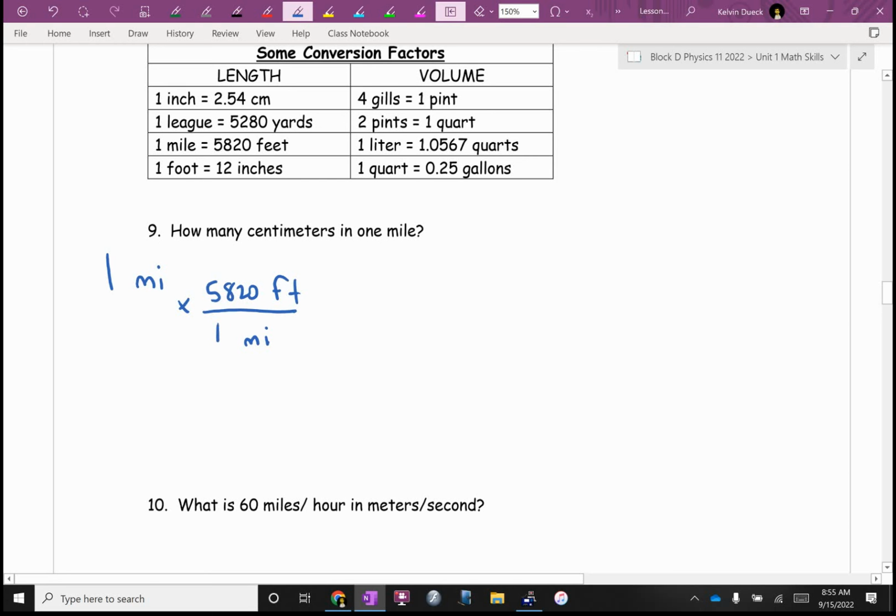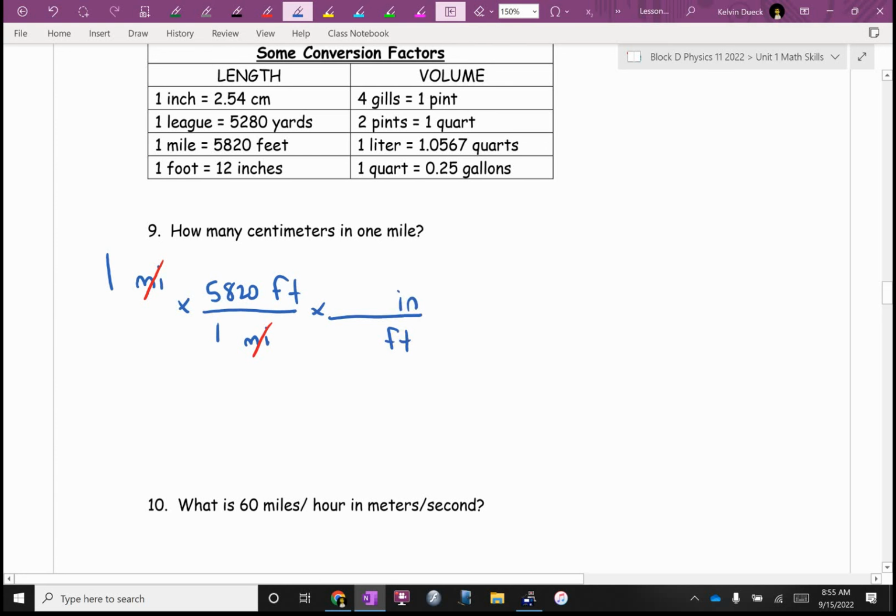Yep. Coming back to this is what we were doing yesterday. And now, Colton, my friend, I can cross out miles. If I stopped here, I'd be in feet. But we want to get to centimeters. Colton, what can I change feet into that might help me? Yes. Good. So, where is feet going to go? On the bottom. Inches is going to go on the top. How many inches is how many feet?